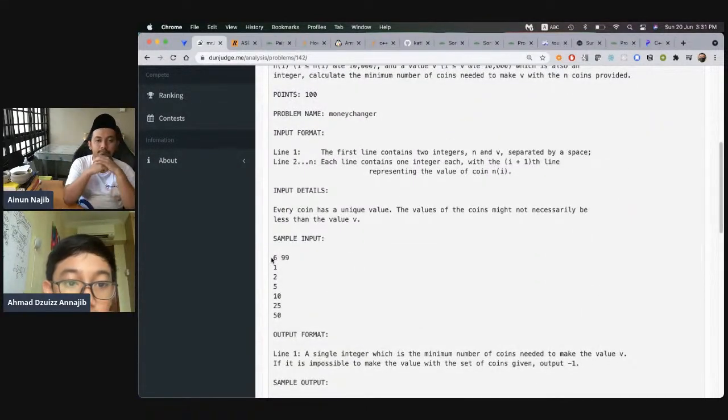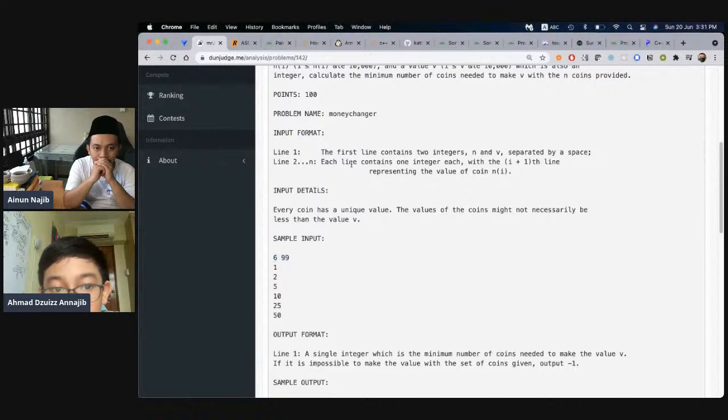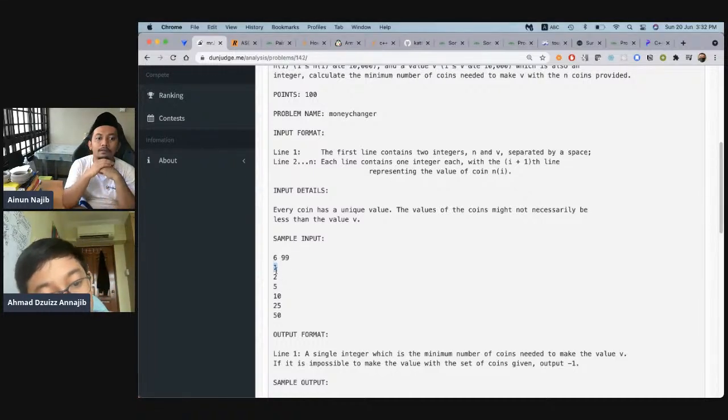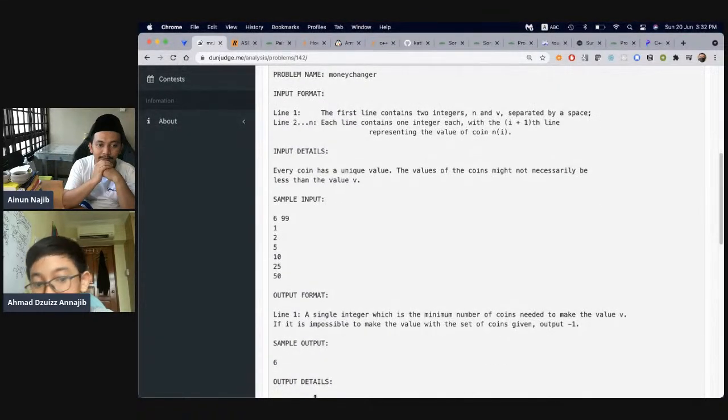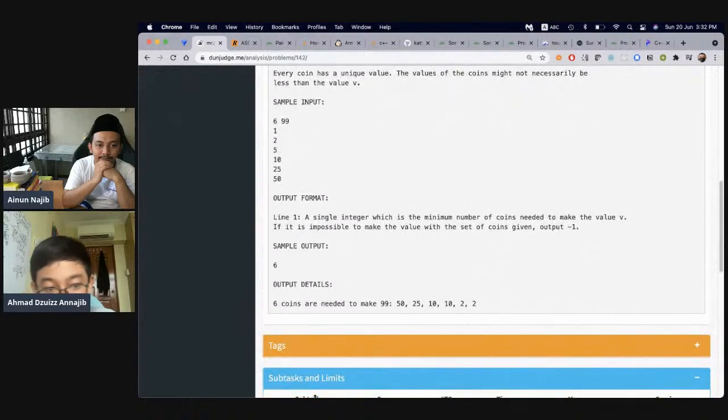Sample input: I want the n and v, with the i plus 1 line representing the value of coin i. So there are six types of coins: $1, $2, $5, $10, 25, 50.